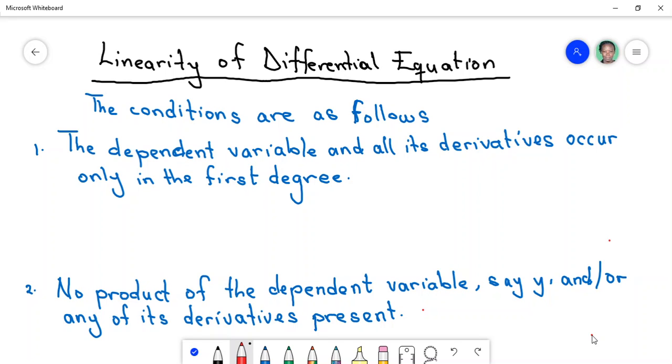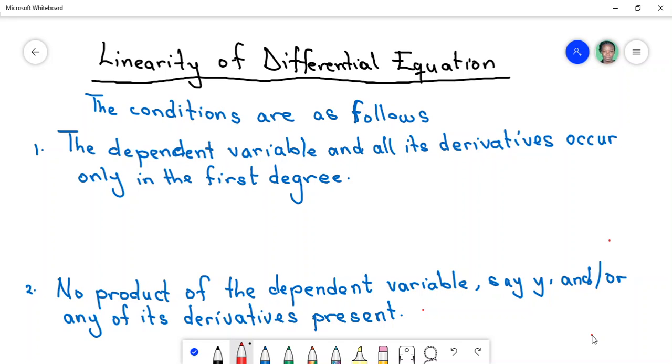Our lesson today focuses on linearity of differential equations. If you've not watched the lecture videos on the definition and examples of differential equations, I urge you to do so. Over the last weeks, we've been looking at classification of differential equations.